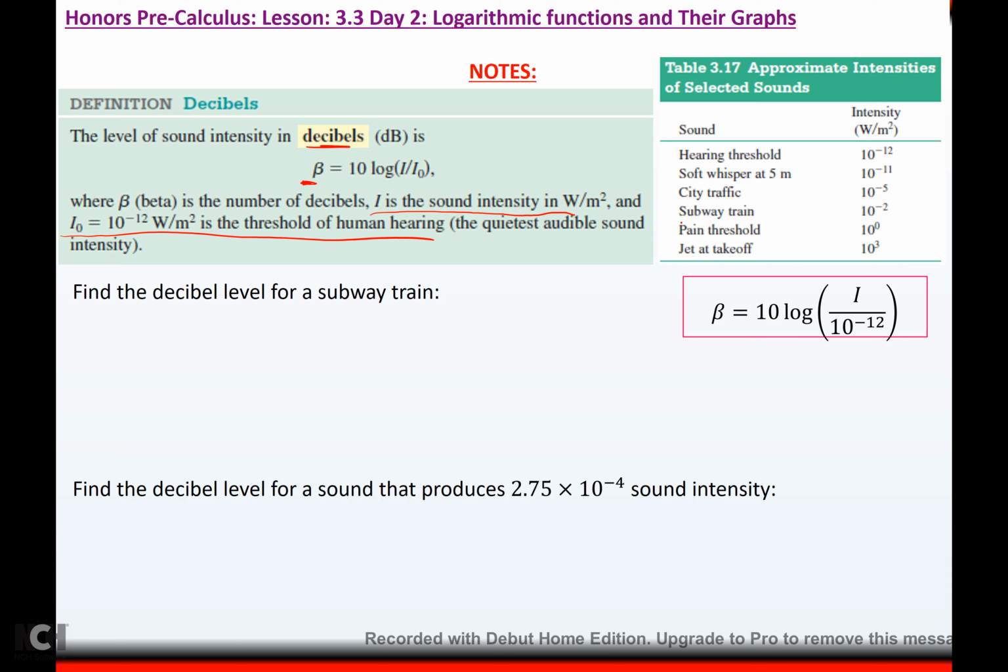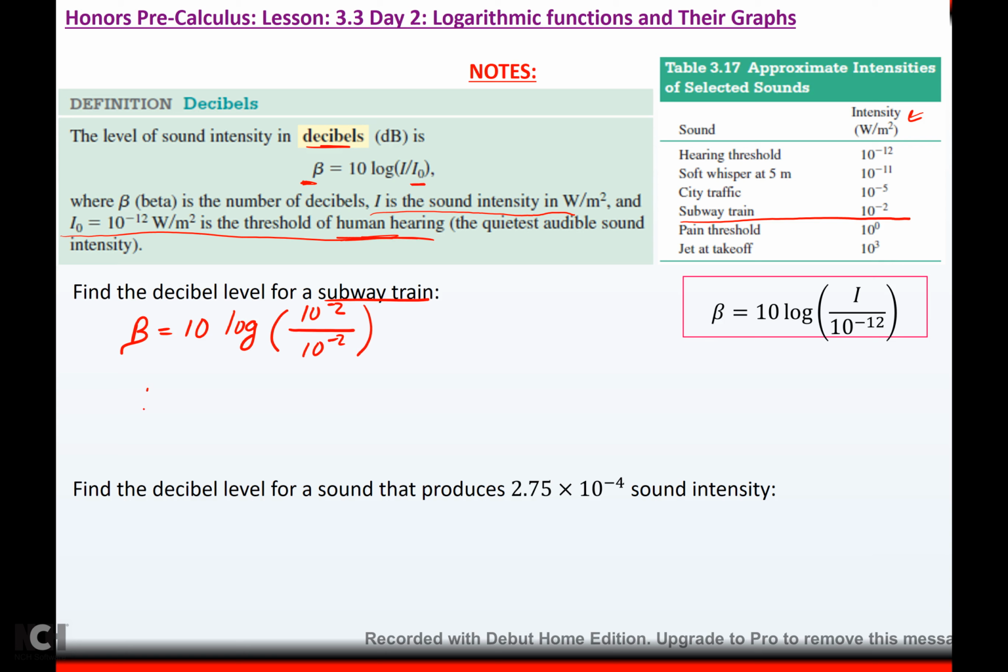For a subway train, it's telling me that its intensity is 10 to the negative 2. So I set this up. I'm finding the decibel level, which is going to be 10 times the log of the subway train's intensity, which is 10 to the negative 2, over I sub naught, the human hearing threshold, which is 10 to the negative 12.